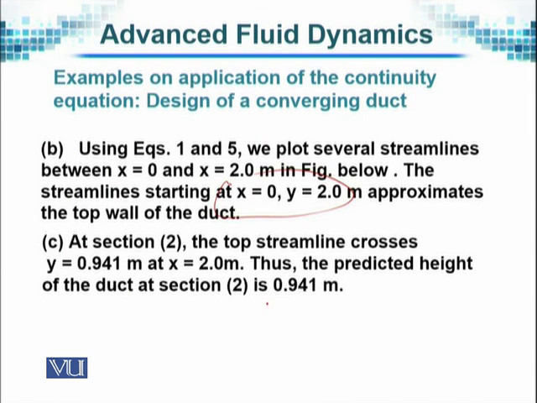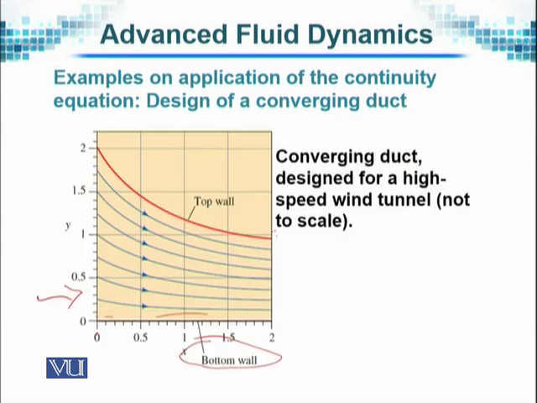The other thing we need to determine is the streamline at certain points, and the predicted height is also to be determined. That is, what will this height be altogether. Remember, this was about 2 meters in the beginning, and they want to know how much it will be at the end. So that can be seen.